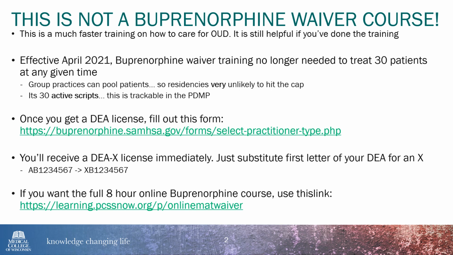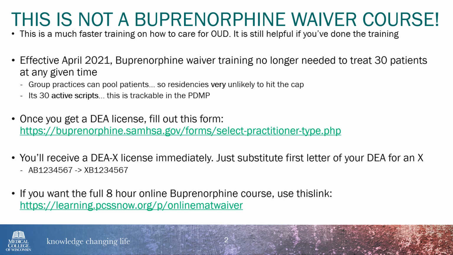And even better, if multiple people in your practice have this same waiver, you get to pool. So say you work in a residency training site and all of the residents have bup waivers. That means you could treat hundreds of patients in your group practice, and you don't really have to worry about who's prescribing to who.